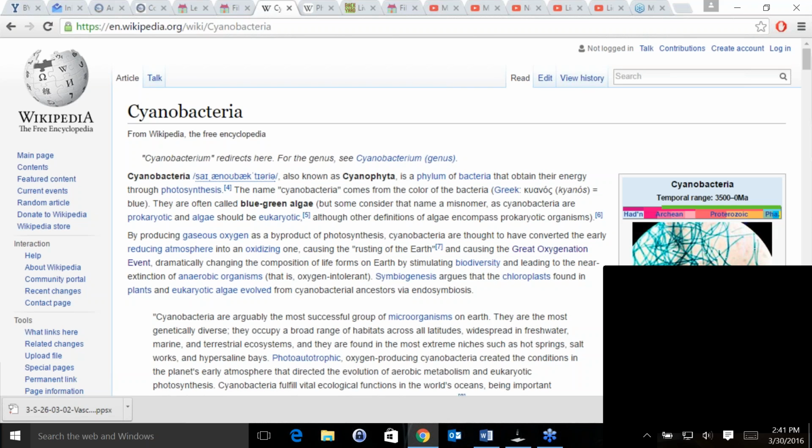The name cyano comes from Greek, kyanos, that is blue, all right? So cyanobacteria is like blue bacteria and it's kind of really blue-green, okay? And so they can do photosynthesis.